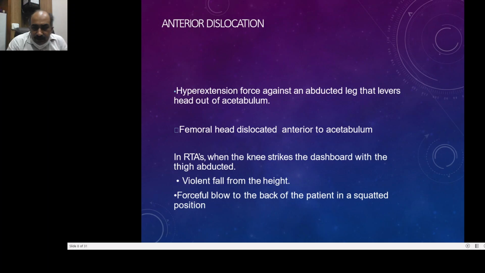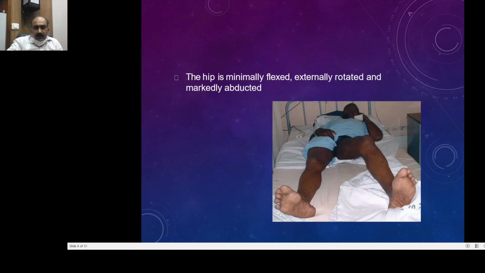Typically in road traffic accidents, when the knee strikes the dashboard with thigh abducted, or when the patient has a violent fall on the side, or forceful blow to the back of the patient in a squatted position. Attitude of the limb: hip is minimally flexed, externally rotated, and markedly abducted, as you can see in the picture.